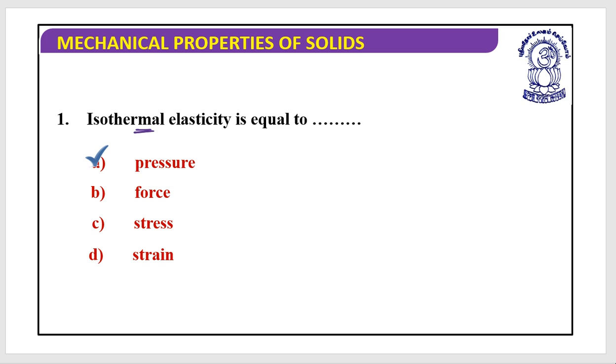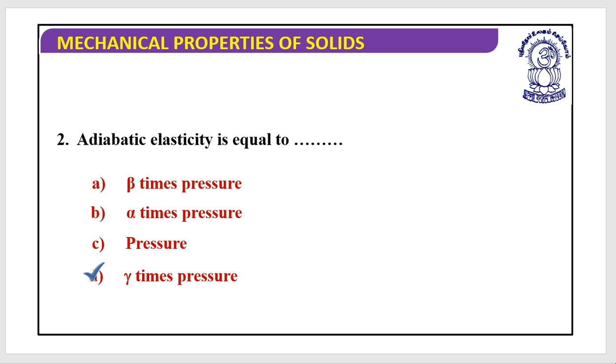First, it says isothermal elasticity is equal to the pressure. Next, adiabatic elasticity is equal to gamma times the pressure.